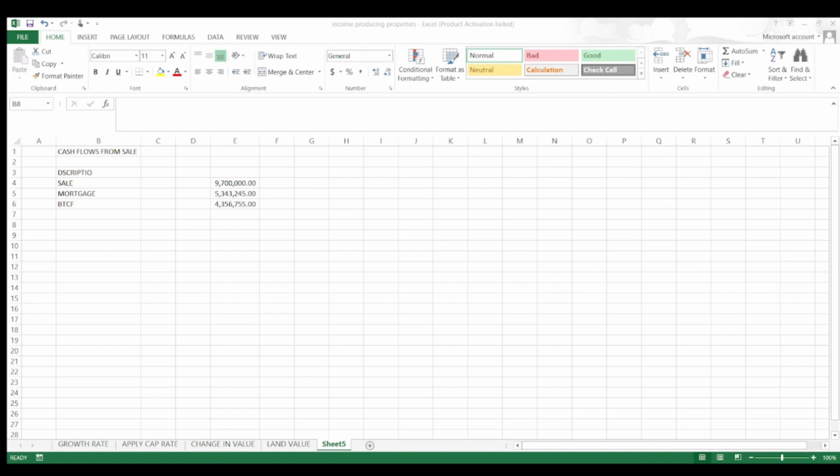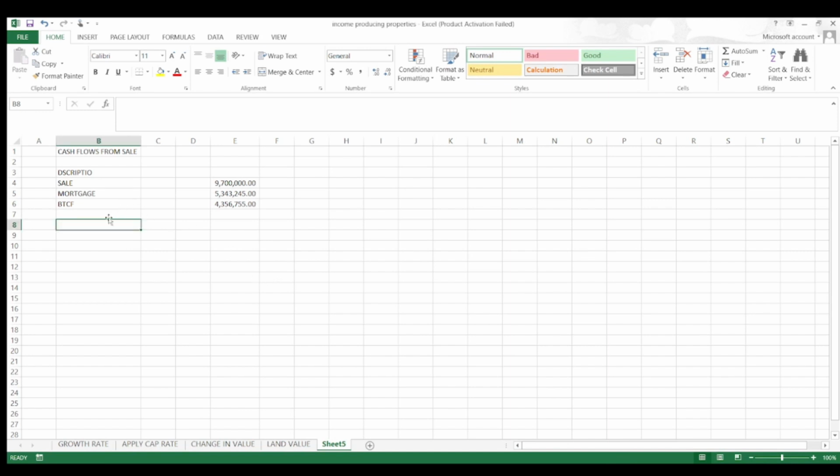And the way taxation works is that there's a capital gain tax of 15% on price appreciation, and there's a 25% on depreciation recapture. So with that, we can simply note these two figures here, since they must be deducted from our amount.